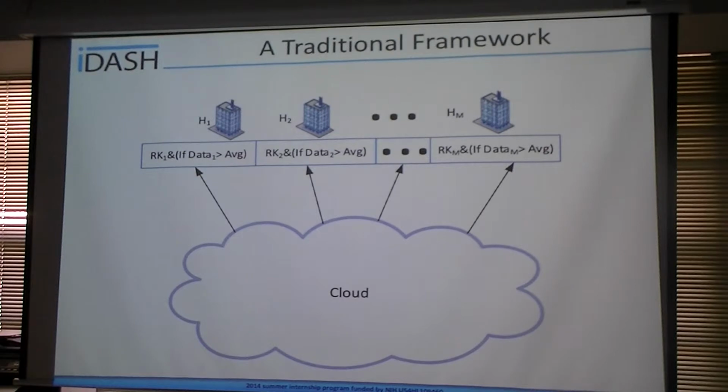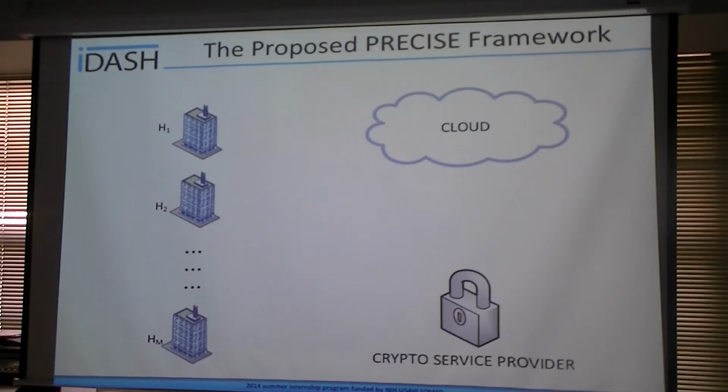Next, we will introduce the proposed privacy-preserving framework. In the new framework, we introduce an extra critical service provider in the upper right, which will cooperate with the cloud to answer the hospital queries.